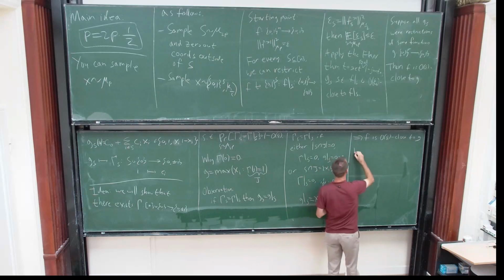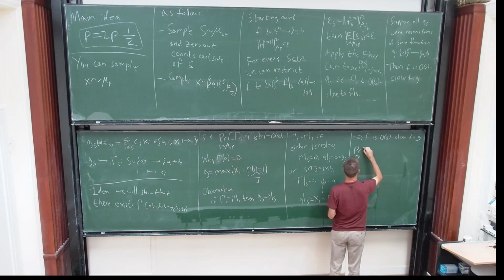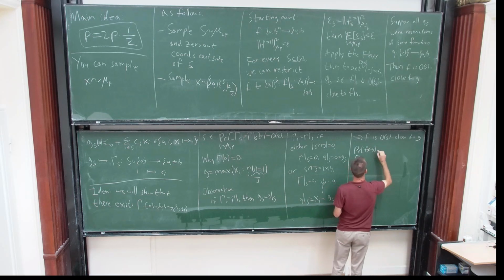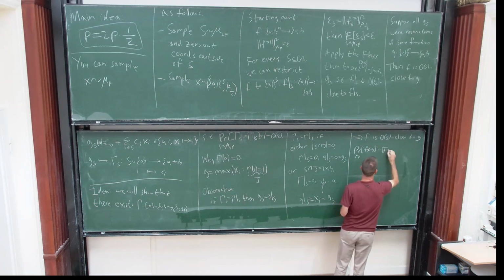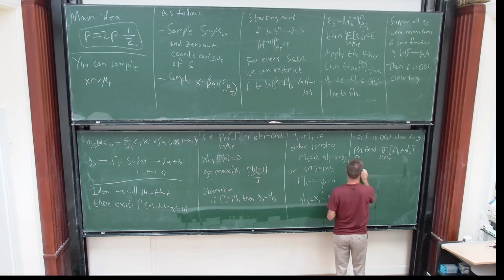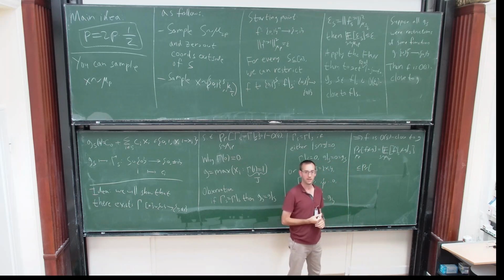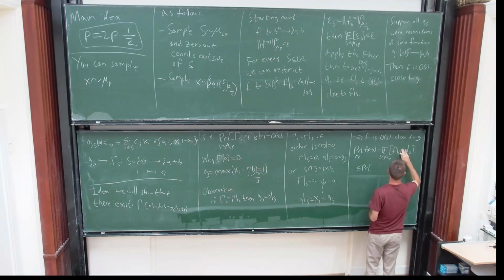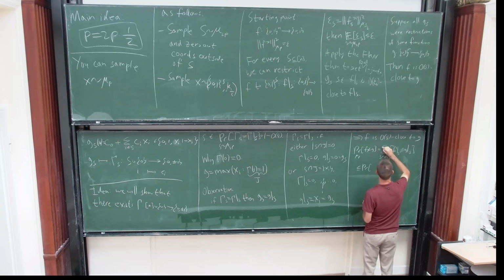The probability with respect to mu_p that F is different from G is the same as the expectation over S from mu_{2p} of the probability that F restricted to S is different from G restricted to S. And this is at most the expectation of the distance. Okay, distance, right?